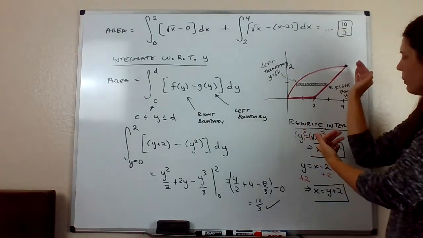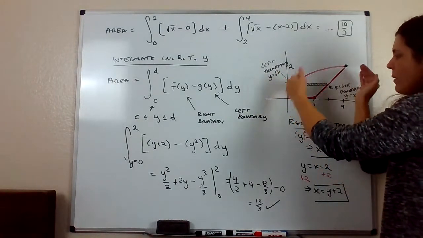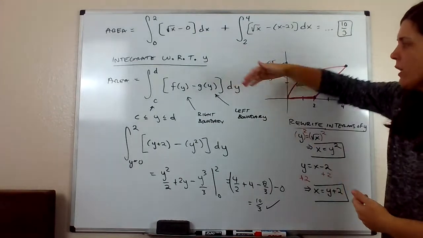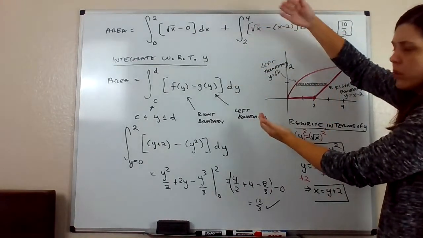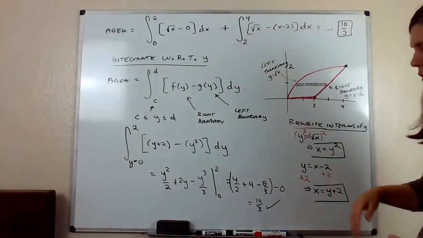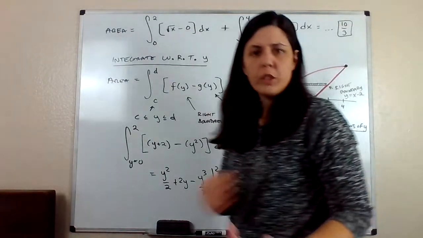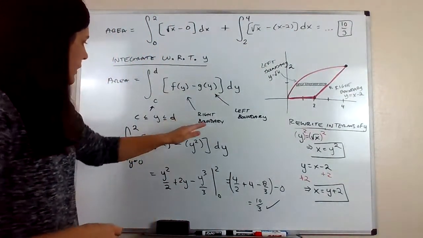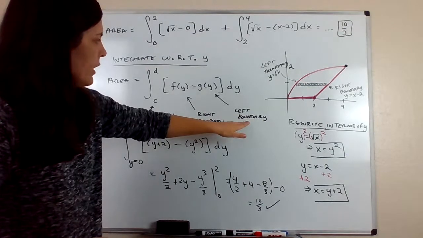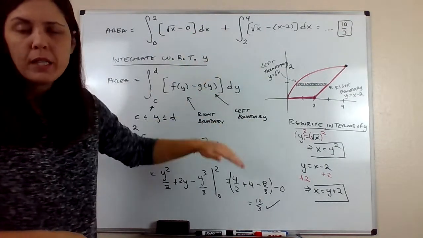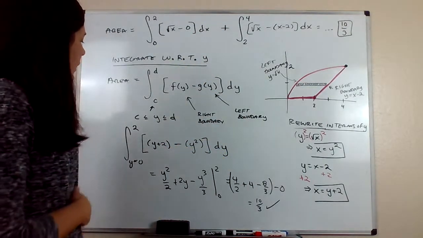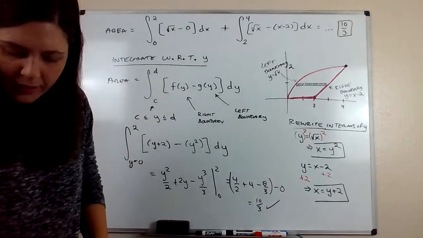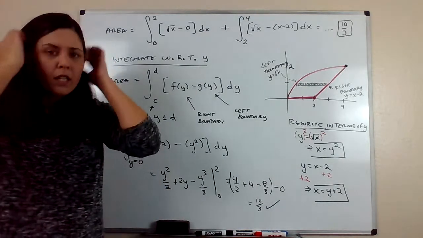So it's always bigger minus smaller, in this case, right minus left. In terms of x, bigger minus smaller, upper minus lower. So if that helps you remember which subtraction to do, it's either right boundary minus left boundary or upper boundary minus lower boundary.